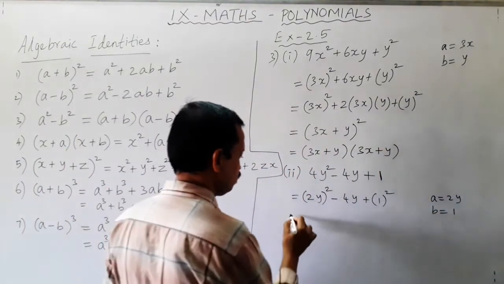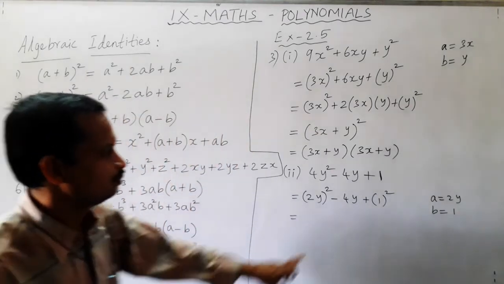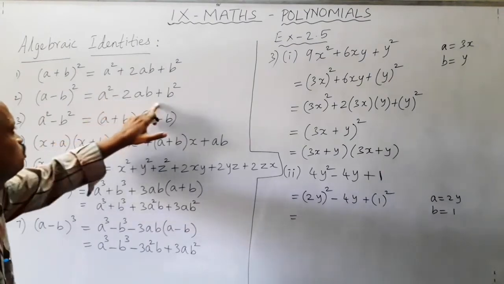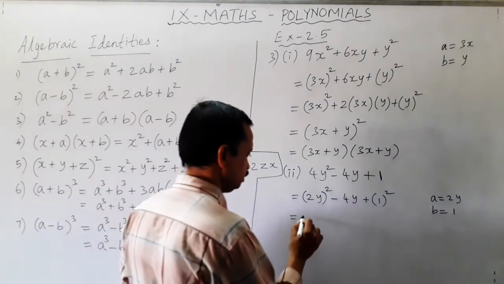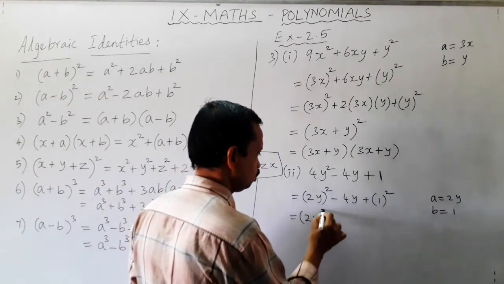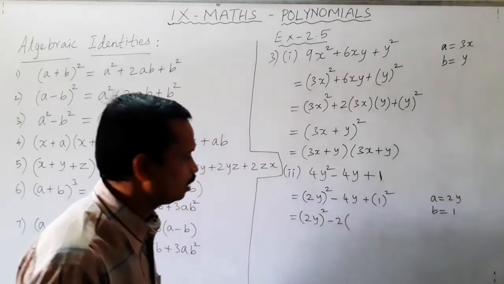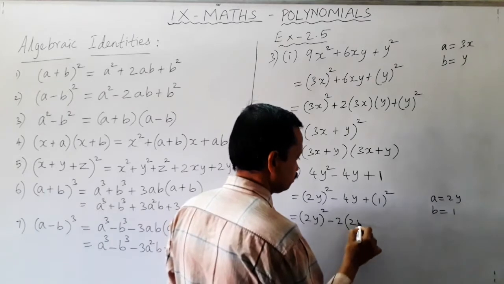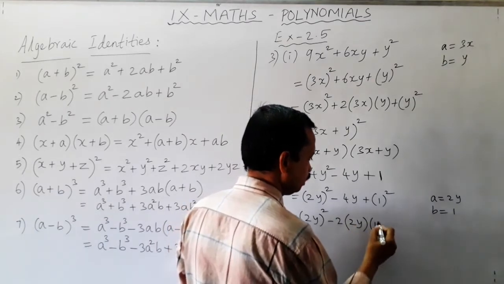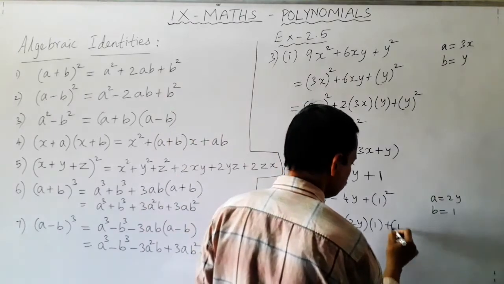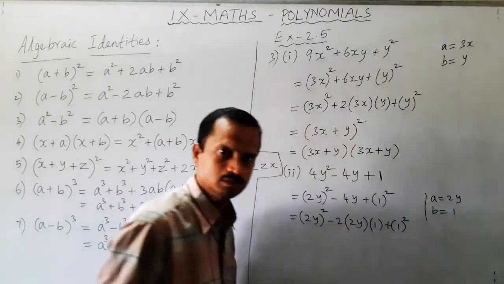You see how I am writing? So, now we can try for this identity because the middle term is negative, no? So, here negative means we try for this. So, a square, a is 2y, (2y) whole square, minus 2 into ab. For a, 2y. For b, 1. Again plus b square. So, 1 square. Is it clear?